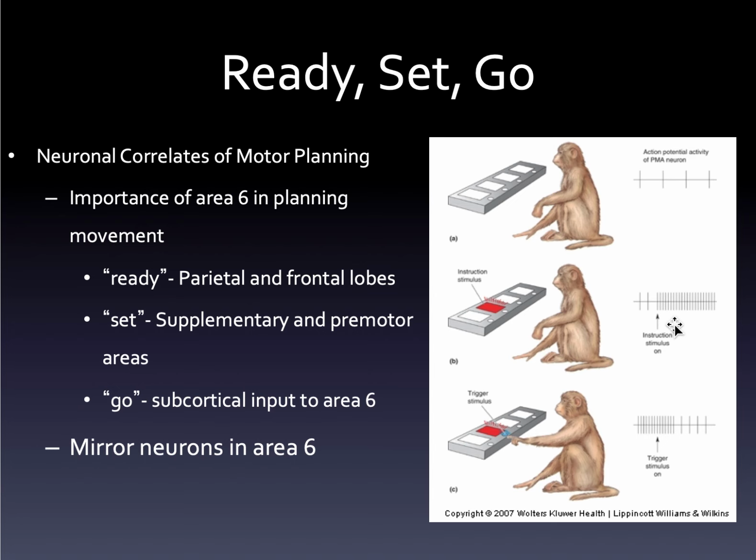And it kind of sets it up as 3 phases here. Ready being the parietal and frontal lobes. That's the instruction stimulus, right? That's a visual stimulus. So the occipital and other areas are going to subtend that, plus the knowledge, the memory of what the monkey's supposed to do. And then set, it would be your trigger stimulus there, initiating that motor plan, and we see that turn on when the instruction stimulus is turned on.